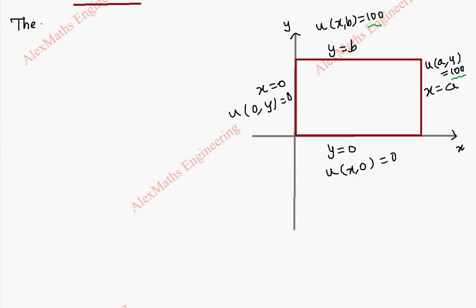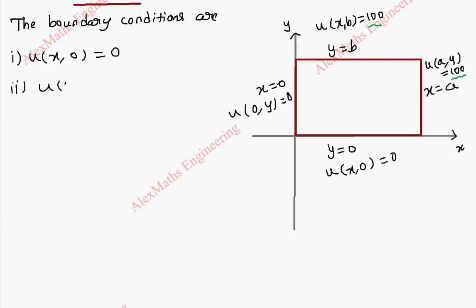The boundary conditions are: first, we take the bottom surface, u of x comma 0 is 0; then u of 0 comma y is 0; third, the top surface, u of x comma b is 100; and fourth, u of a comma y is 100.